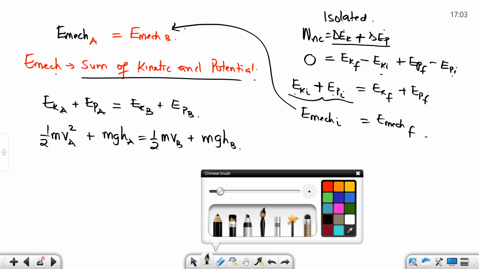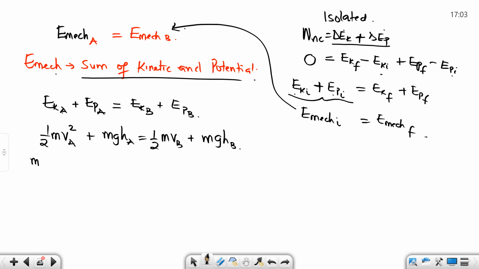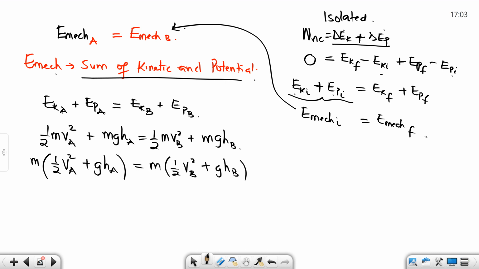Factorize m: m times 1 over 2 VA squared plus gh equals m times 1 over 2 VB squared plus gh. I factorized m because I don't have it. Now, if I tell you to divide both sides by m, what happens? That's what I did earlier on.